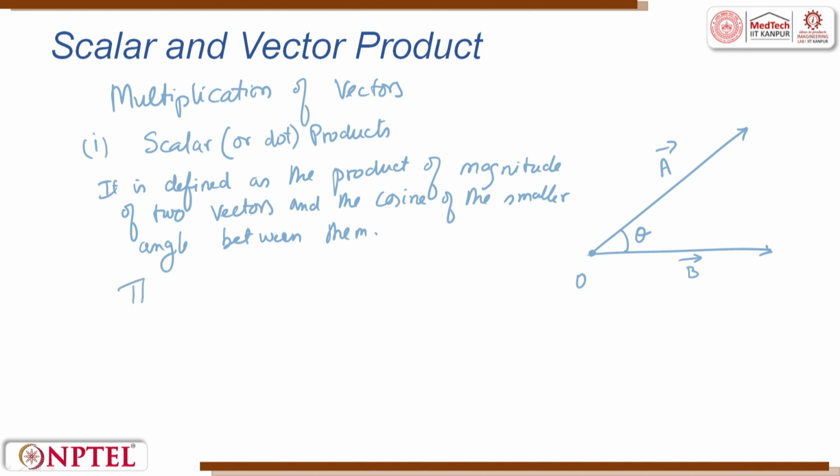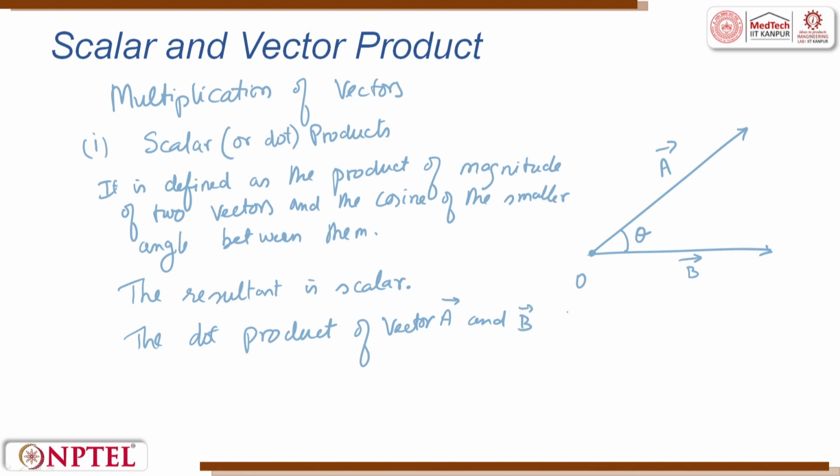So, the resultant is a scalar, and the dot product of vectors A and B is defined as A vector dot B vector, which is nothing but AB cos theta.